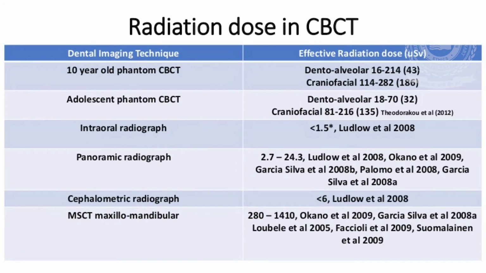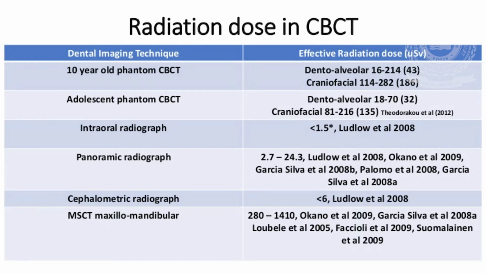The effective radiation dose in a 10-year-old phantom is 60 to 214 microsieverts for dentoalveolar projections, 114 to 282 microsieverts for craniofacial projections, and for an adolescent phantom it is 18 to 70 microsieverts for dentoalveolar CBCT and 81 to 216 microsieverts for craniofacial.